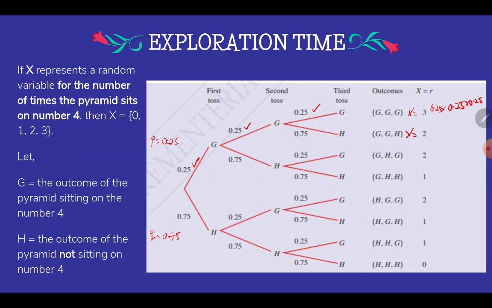How can we find the probability? It is 0.75 times 0.25 times 0.75. So this is P(X equals r). This is just a revision of your knowledge in probability. Okay, next.